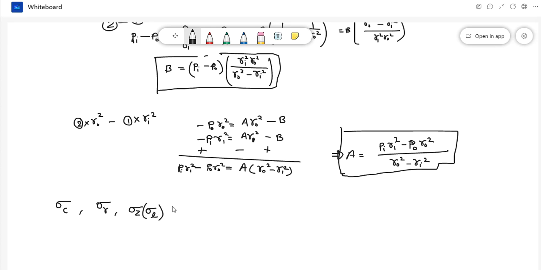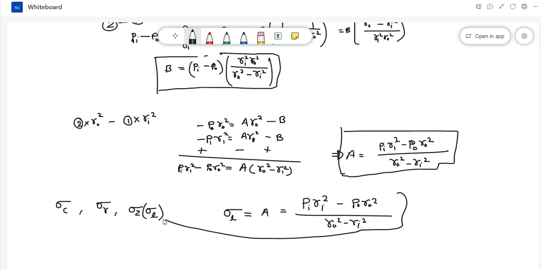So please remember, sigma L, that is longitudinal stress in thick cylinder, is always equal to constant A, and that's why longitudinal stress will be equal to Pi Ri square minus P naught R naught square divided by R naught square minus Ri square. So like this we can calculate all the three stresses.